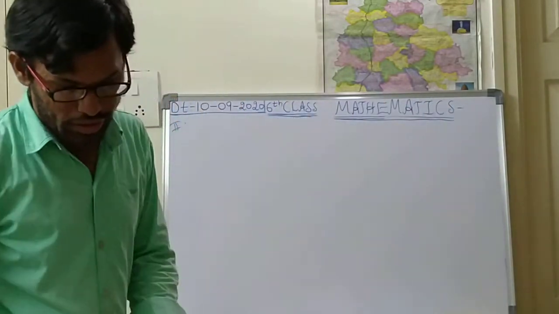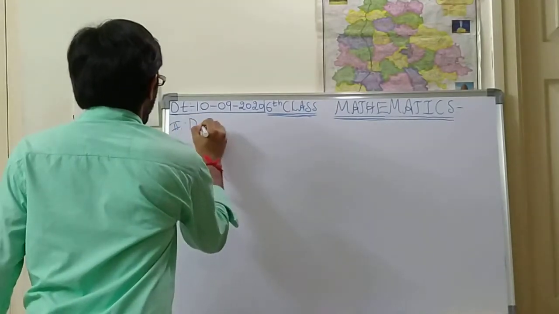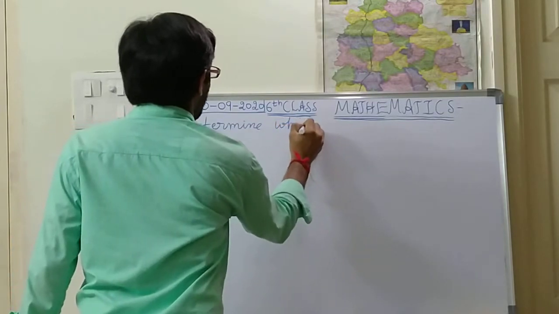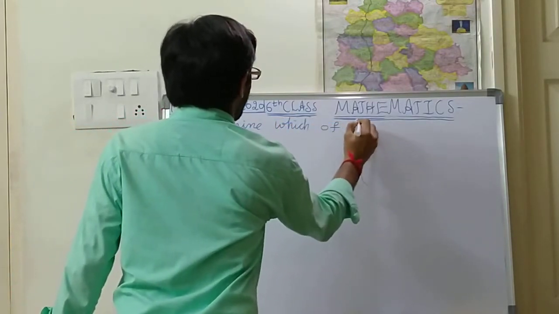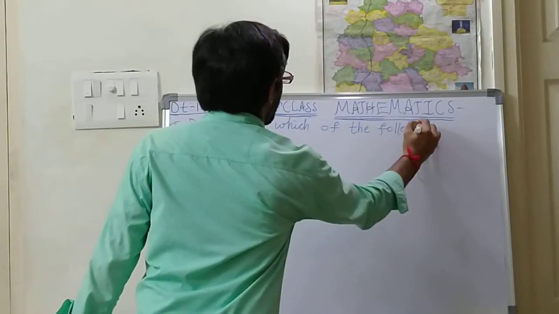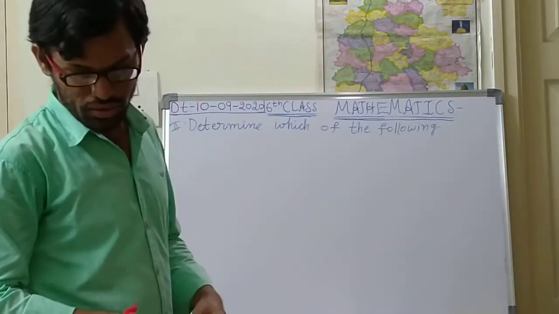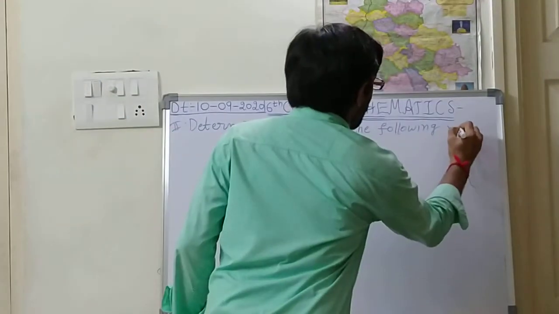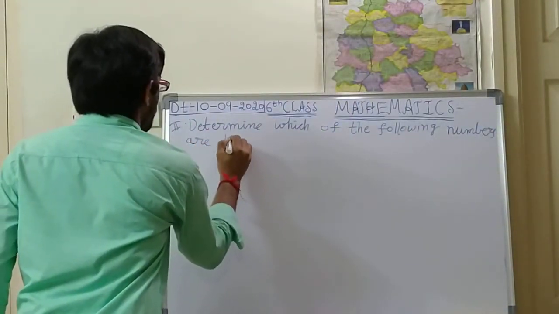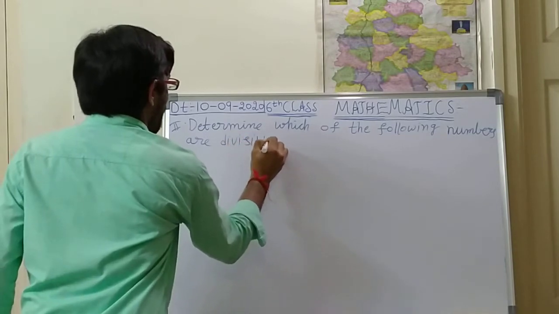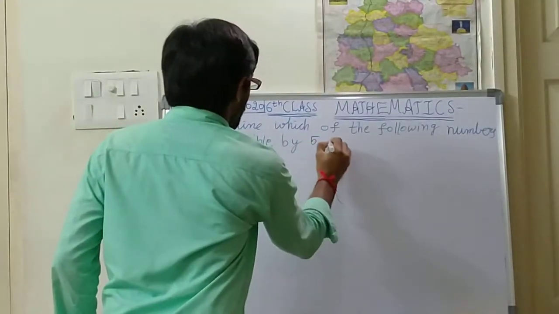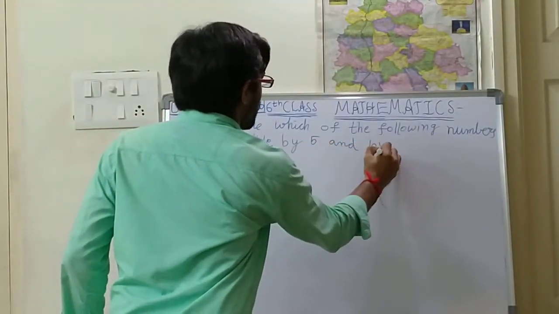The second bit we shall see. Determine which of the following are divisible by 5 and by 10.